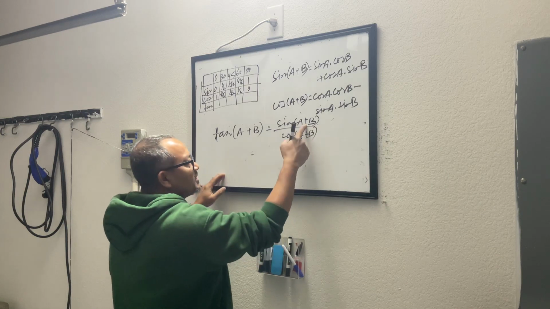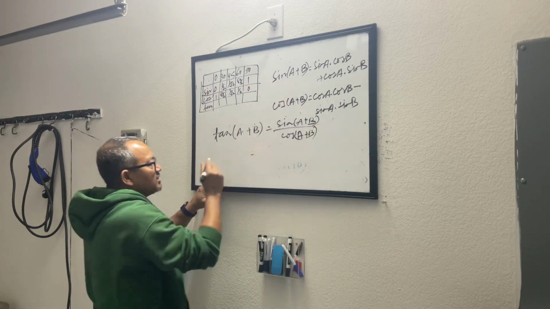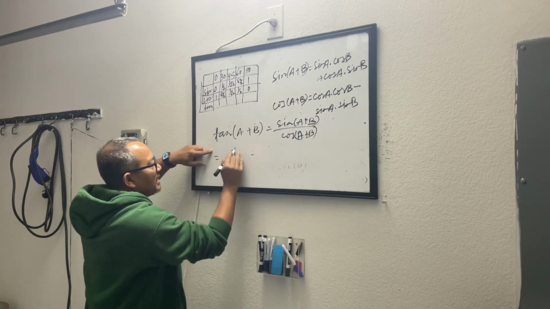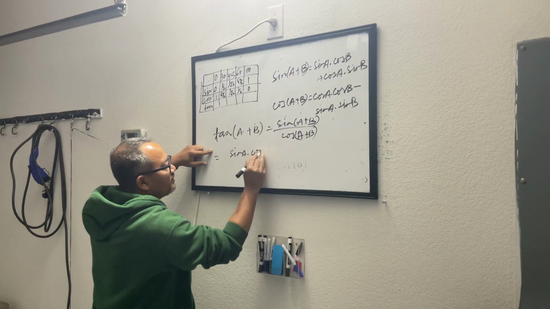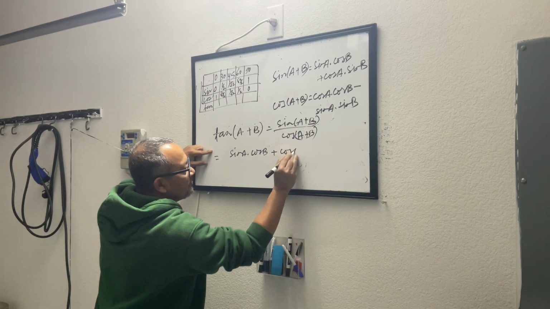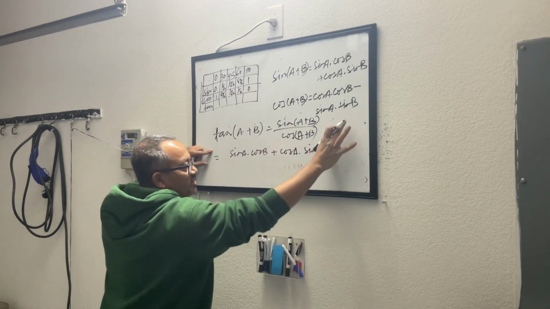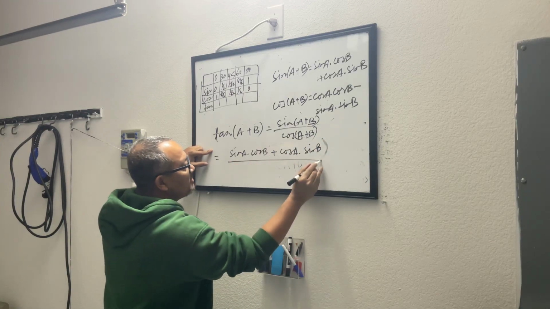And since we have already derived these formulas, we will use them. So sine of A plus B is nothing but sine of A cos of B plus cos of A sine of B. This is my numerator. What is my denominator?